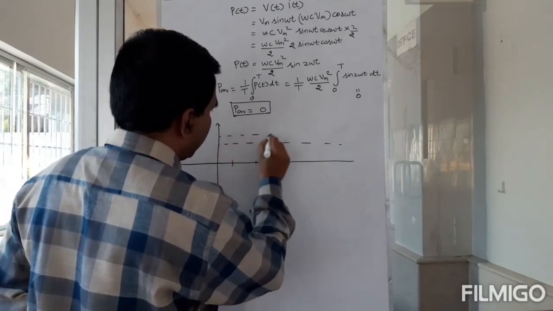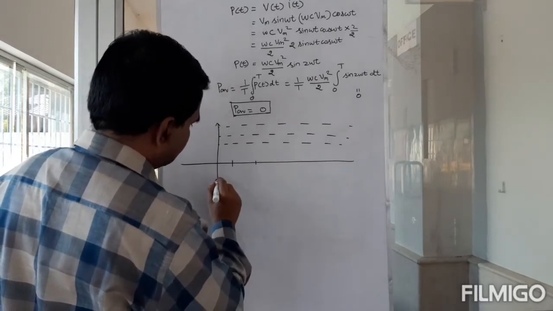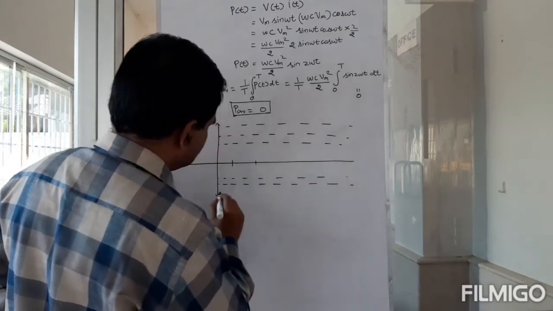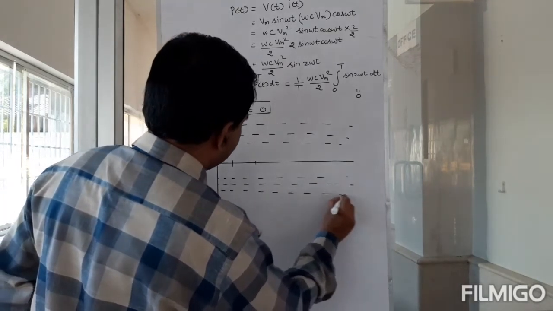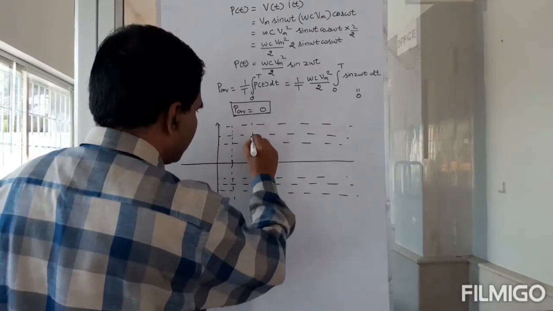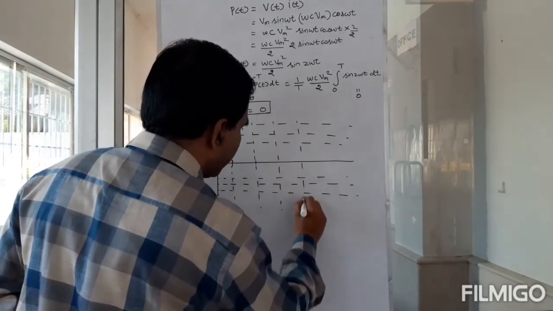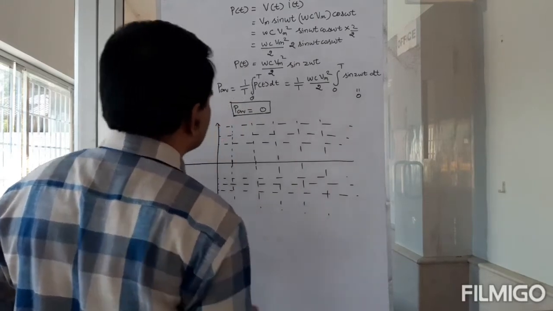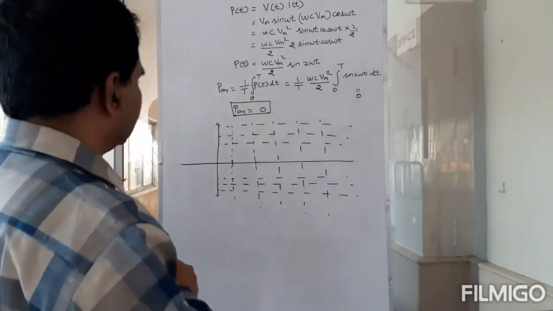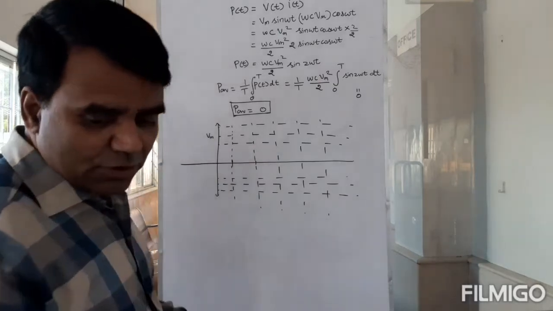Voltage, current, power. As usual, this is voltage Vm maximum, and I'm going to use different colors.